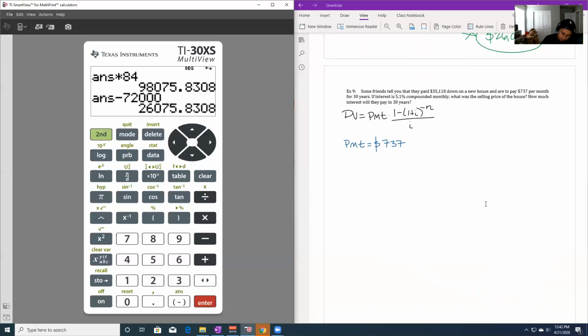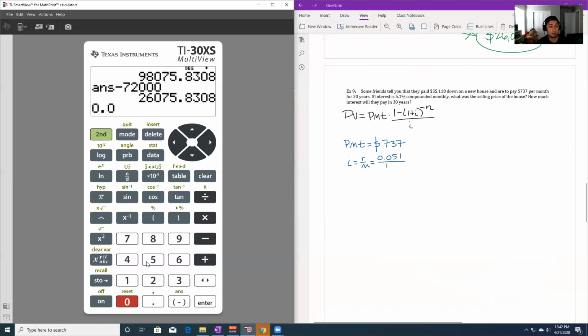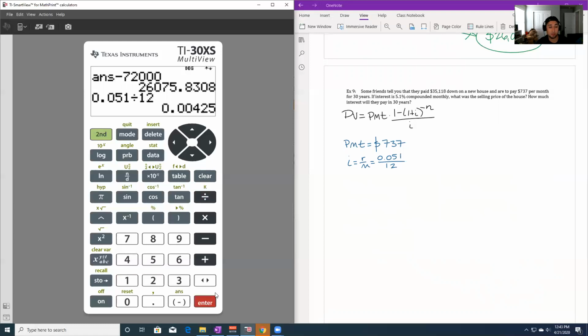I, rate over compoundings. Our rate on the house is 5.1%, so 0.051 compounded monthly. Are you a nice number? 0.051 divide 12. You are. 0.00425. Perfect.